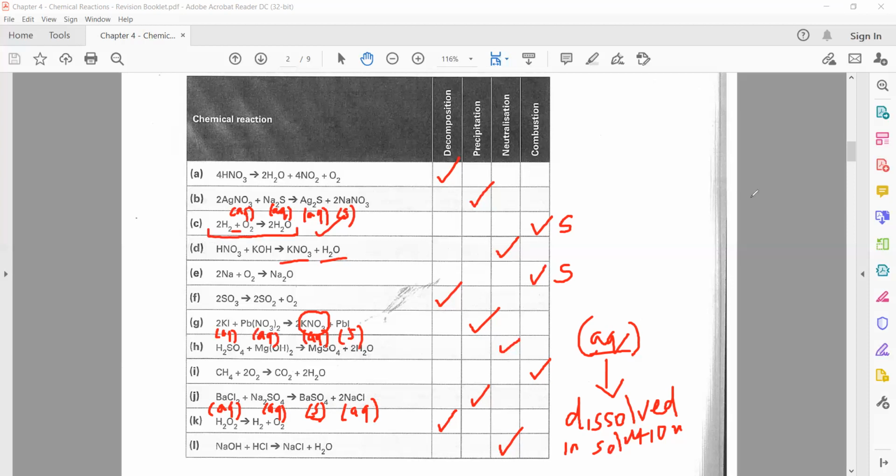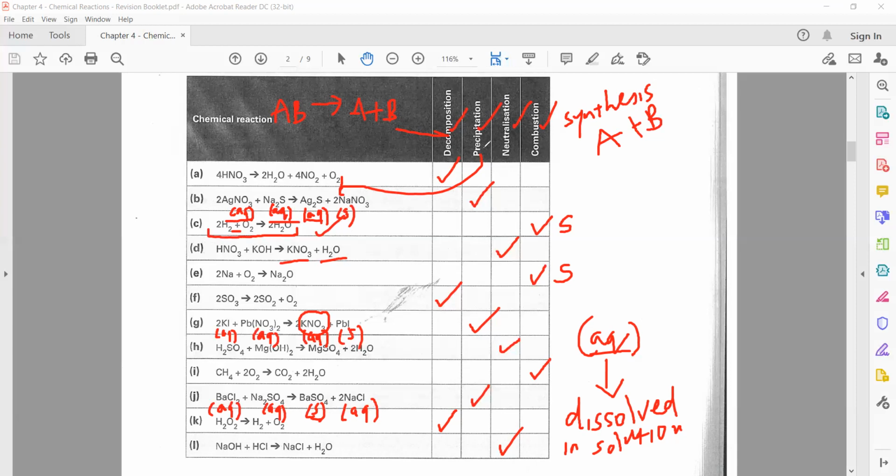Remember the main way in which we decide, is it decomposition, precipitation, neutralization, combustion, or synthesis, is by understanding what each of those chemical reactions typically are. In synthesis, you're adding, remember A plus B, there's an addition. In decomposition, you're breaking it down, so AB breaks down into A plus B. In precipitation, we've got an equation where everything else is in aqueous state, and there's one product that is a solid.